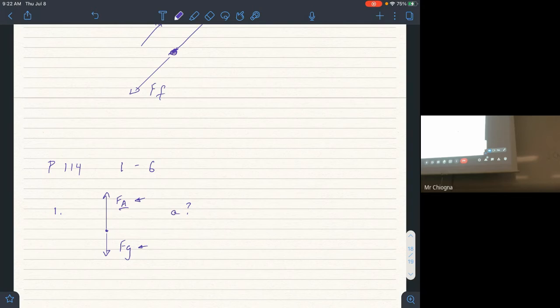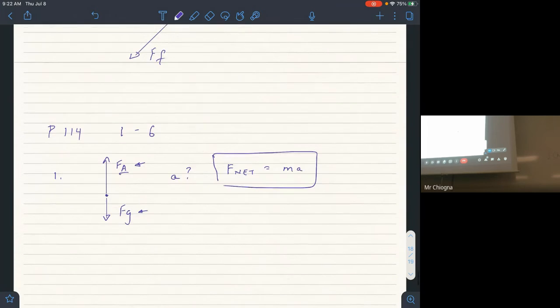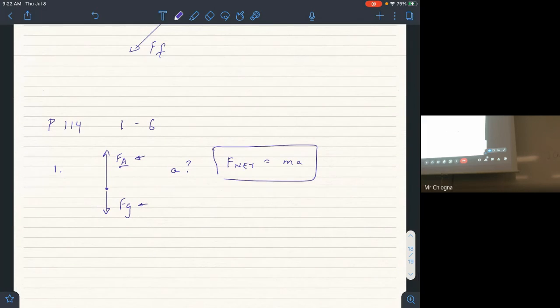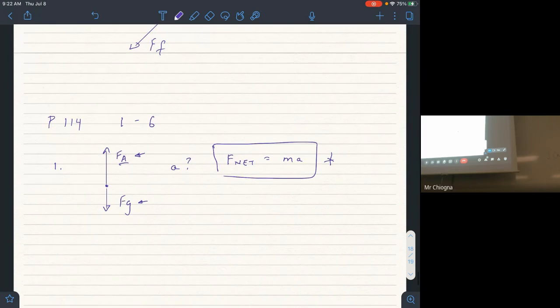So when you have an acceleration problem and there are forces involved, this equation should come to mind. That's always true. What can change is the left side. What makes up the left side depends on this diagram.